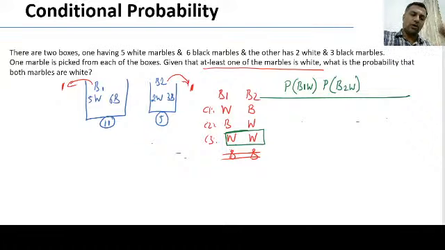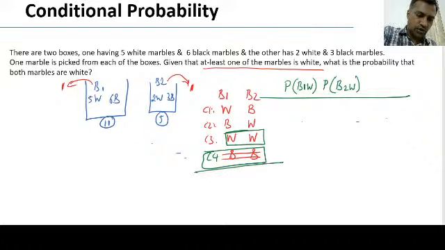Hey, what about the denominator? The denominator is simple, friends. Total probability is 1. Let me write all three cases first because it's important to understand.